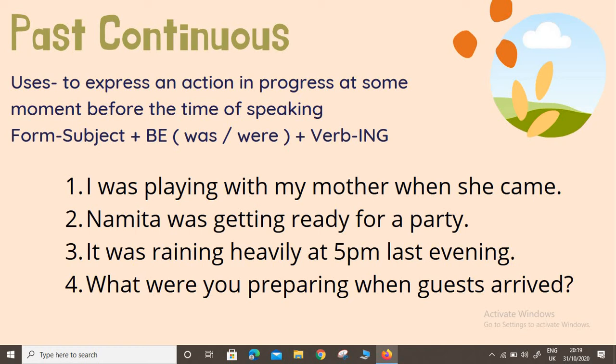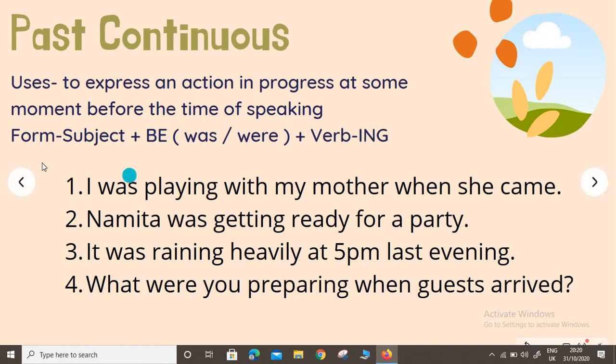And in order to form the past continuous tense, we add present participle to it. Past continuous tense denotes an action going on at some point in the past, and the time of action may or may not be indicated here.